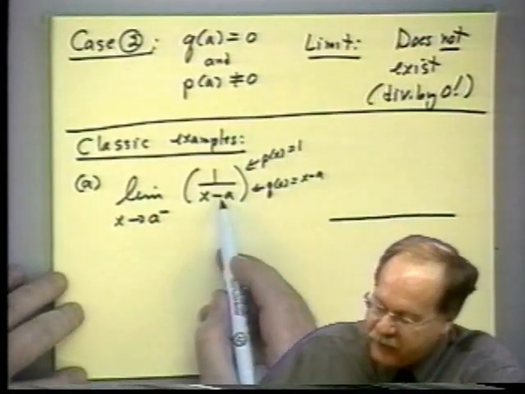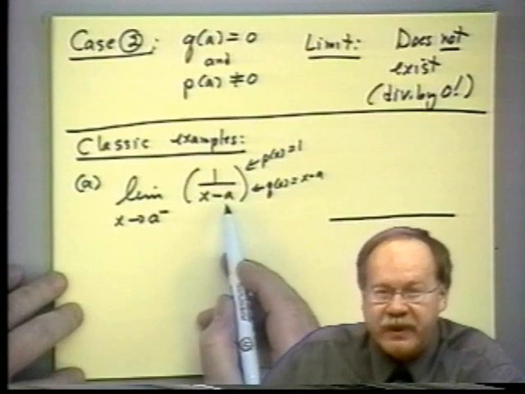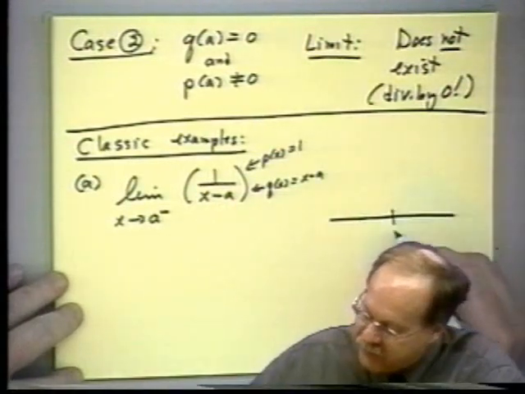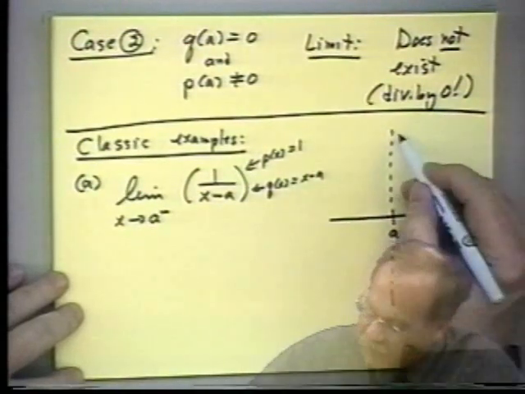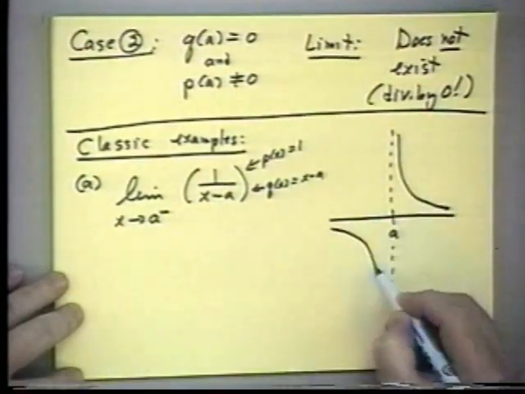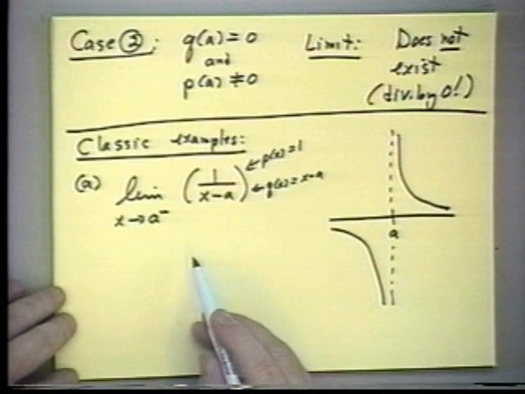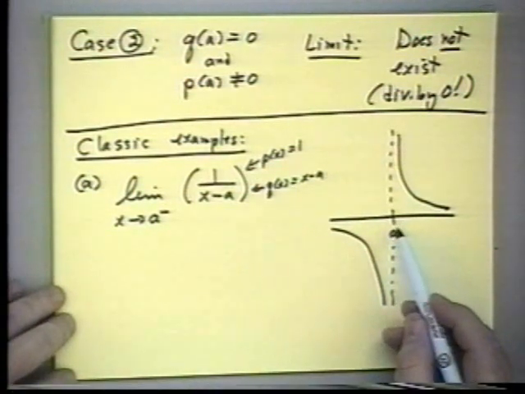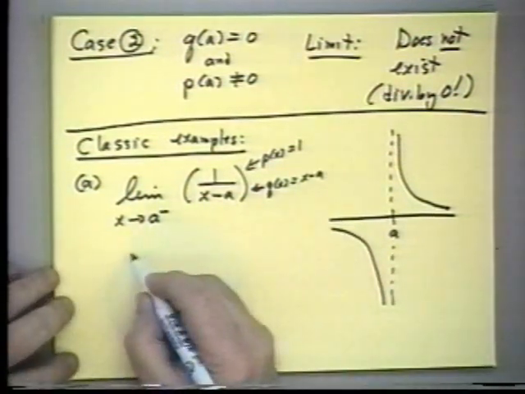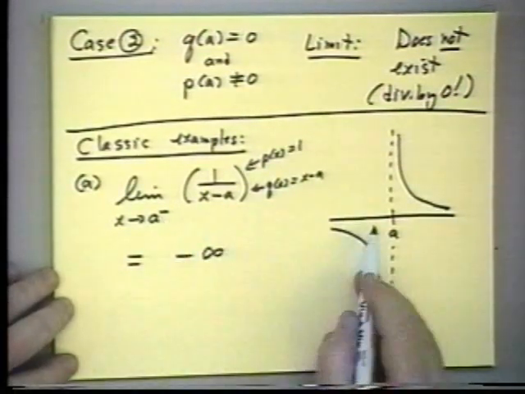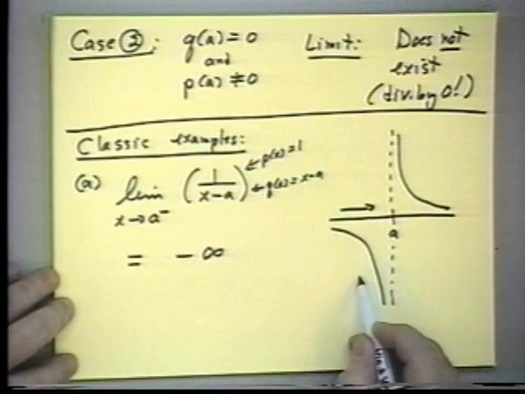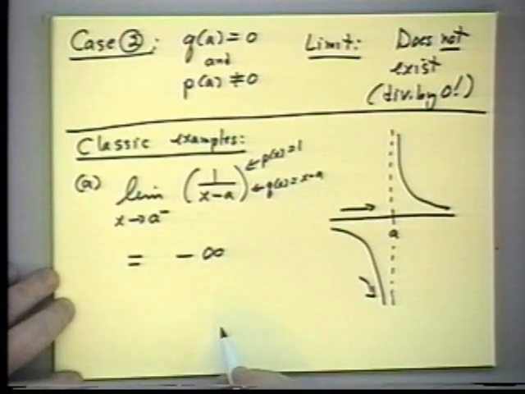Well, when x is equal to a here, we have division by 0. So that is going to give us a function which has an asymptote of some kind at a and might look like this. In this case, that's exactly what it looks like, wherever the a value happens to turn up. This limit turns out to be minus infinity because as I come from the left, that would be this direction, the function is clearly going down to minus infinity.